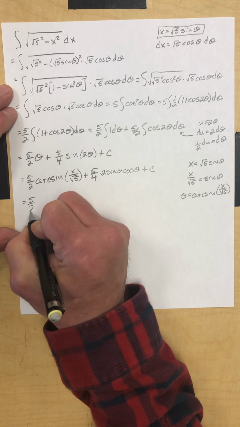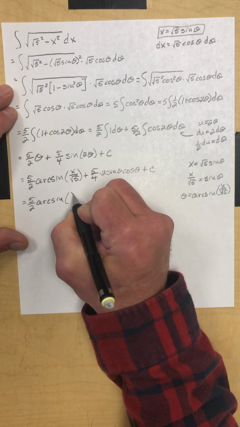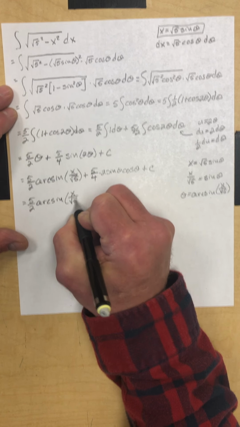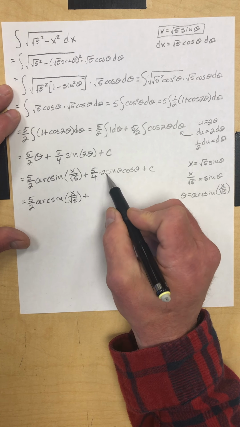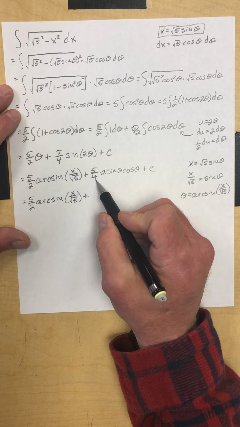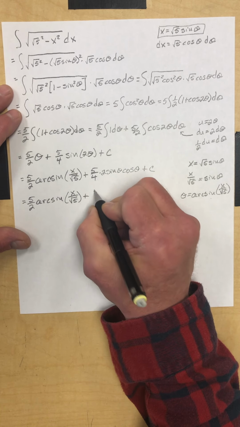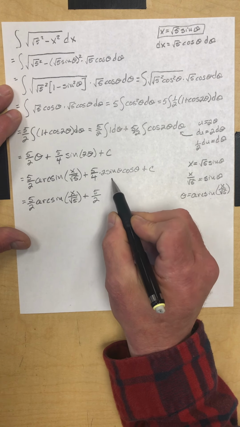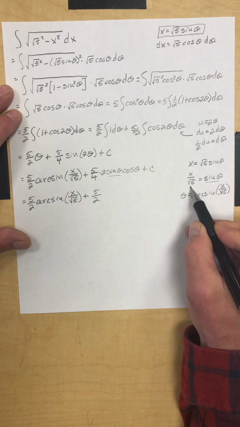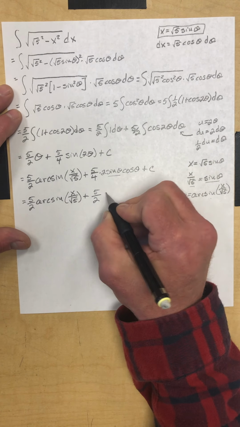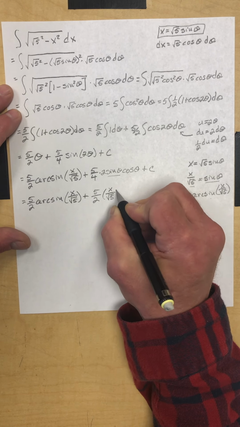So we've got our 5 halves arc sine of x over radical 5 plus, notice I have this 5/4 times 2, so that 2 cancels with the 2 in the denominator, so the 5/4 goes back to 5 halves. All right, I've got sine of theta. Well, we know that sine of theta is equal to x over radical 5, so we can just substitute in x over radical 5.